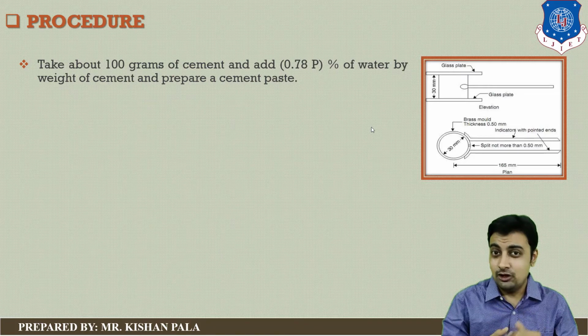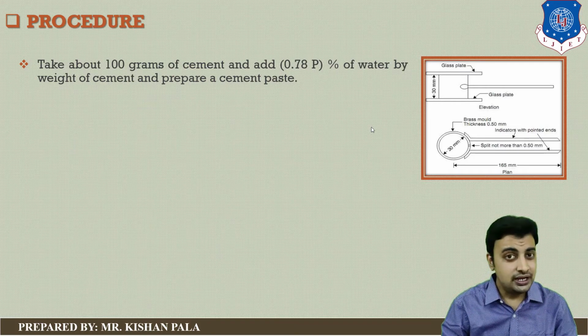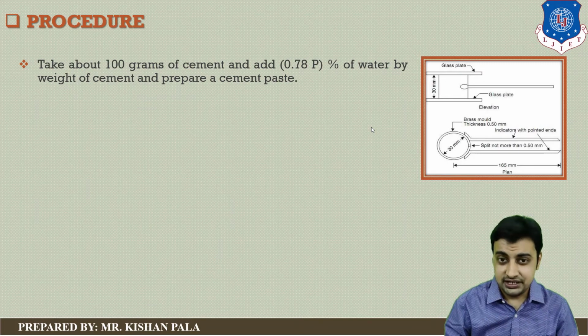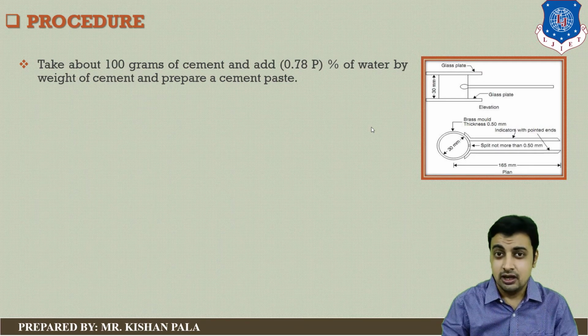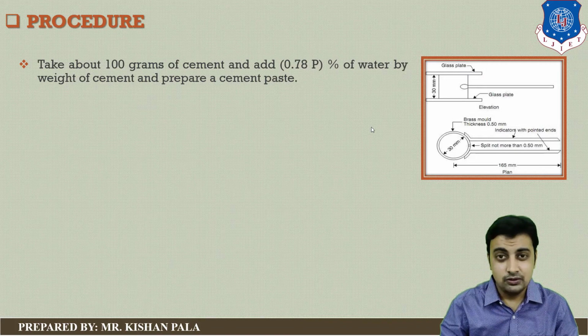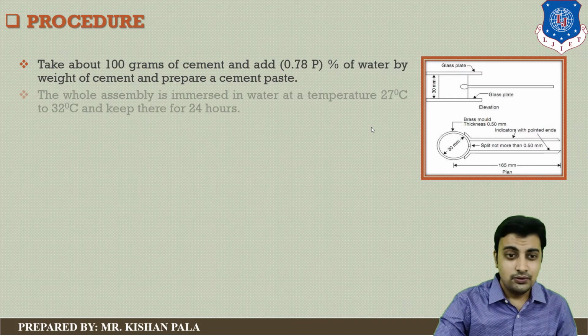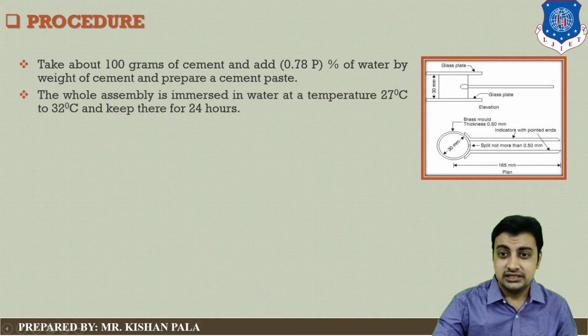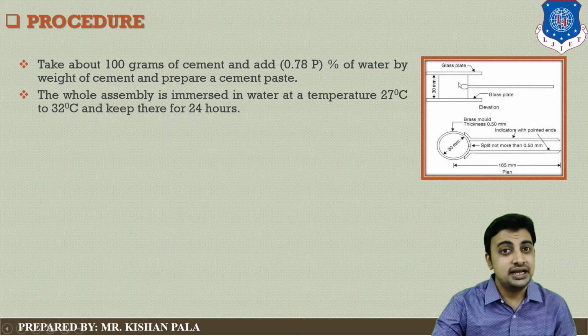With the value of the consistency, you can identify the required quantity of water for this test, which is 78% of the consistency for the soundness of the cement mass. After adding this water, you prepare the cement paste, and then place it in the Le Chatelier apparatus.